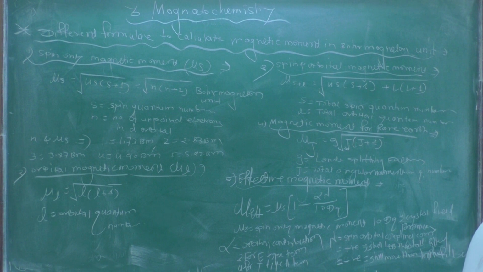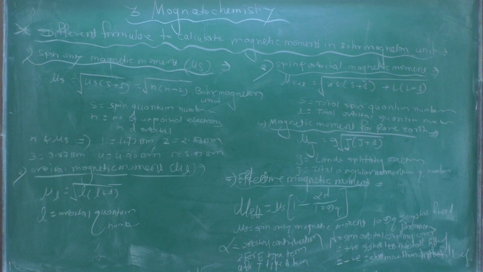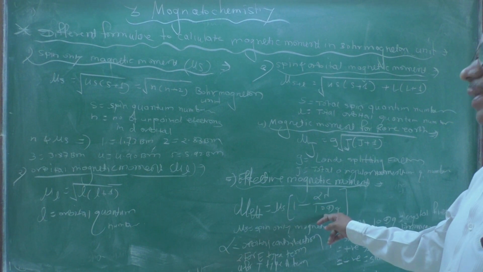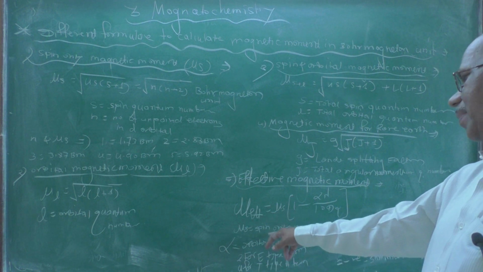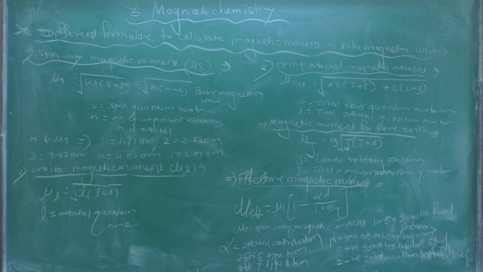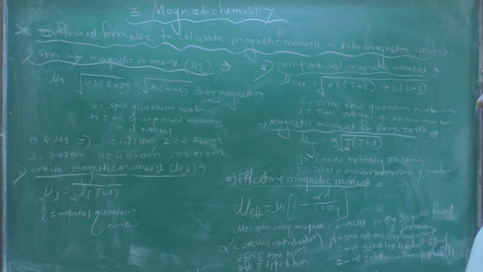And the fifth formula to calculate the effective magnetic moment, denoted by symbol μ effective, is equal to μs into bracket 1 minus alpha lambda divided by 10 Dq. μ effective is the effective magnetic moment, μs is the spin only magnetic moment, 10 Dq is the crystal field parameter, alpha is called the orbital contribution. If E type of ground term is there, then value of alpha is 2.